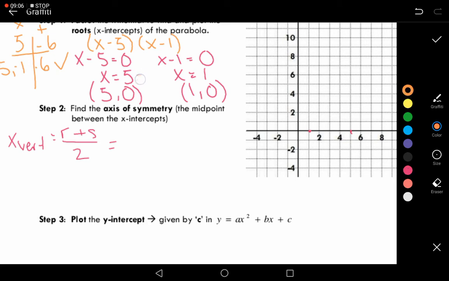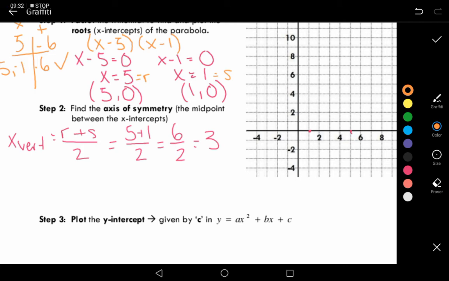So we can call 5 r and 1 s. So we have 5 plus 1 divided by 2. 5 plus 1 is 6. 6 divided by 2 is 3. That means the equation for the axis of symmetry is x equals 3.